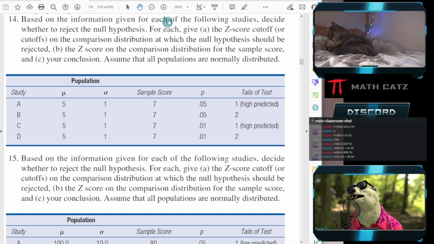Based on the information given for each of the following studies, decide whether to reject the null hypothesis. For each, give the z-score cutoff on the comparison distribution at which the null hypothesis should be rejected, the z-score on the comparison distribution for the sample score, the observed z-score, and then my conclusion.